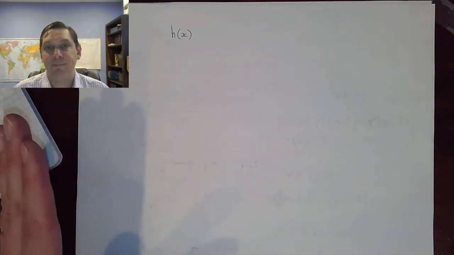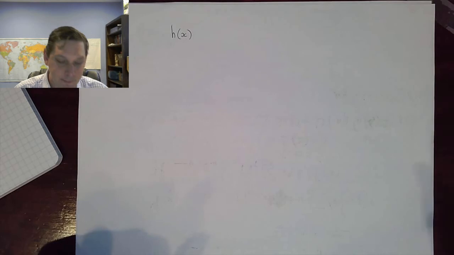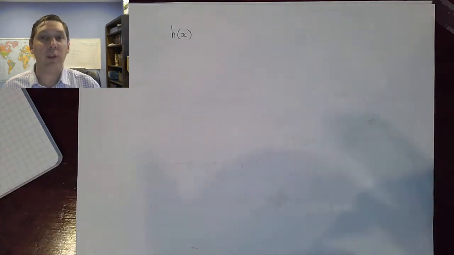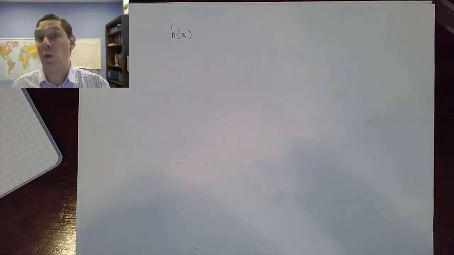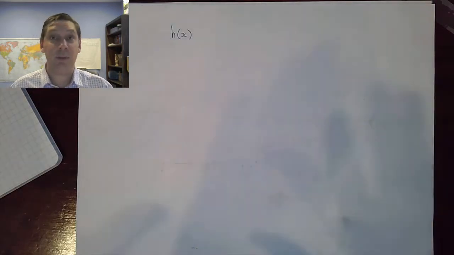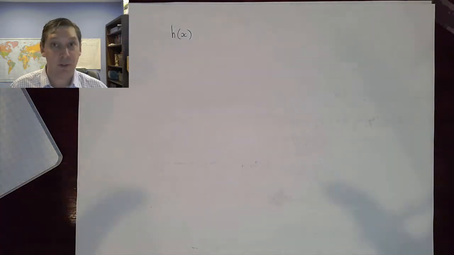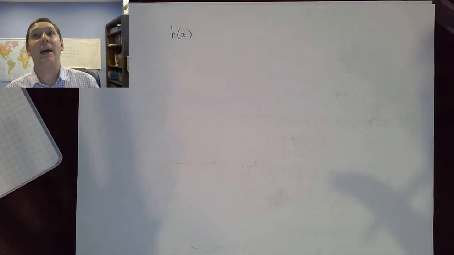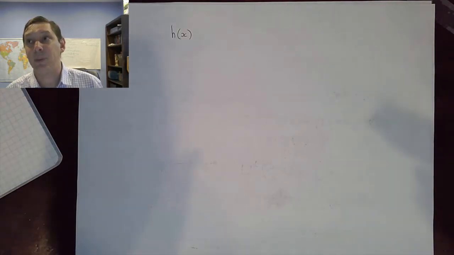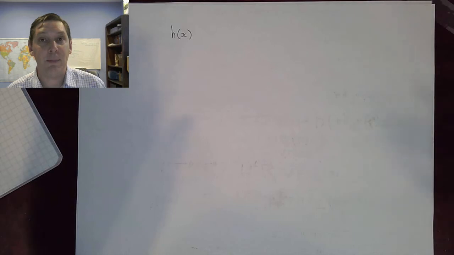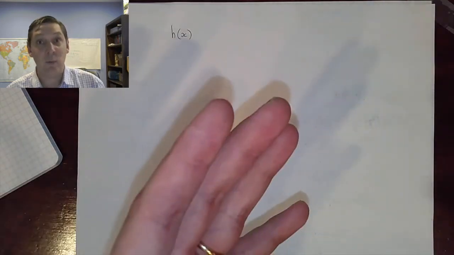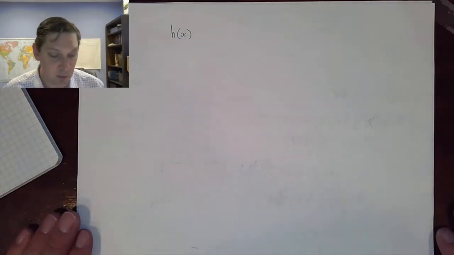h of x, h applied to x, is going to be equal to another recursive function, right? So we're always going to be able to associate any recursive function with an equivalent recursive function that has some kind of enumeration capability. Enumeration means number index, right? And so here is what's going on.